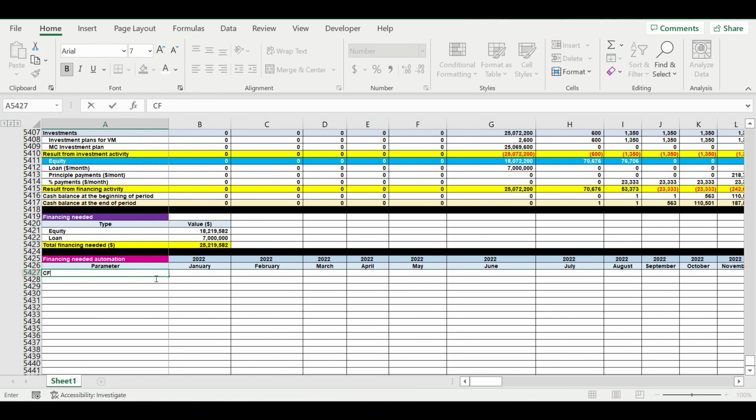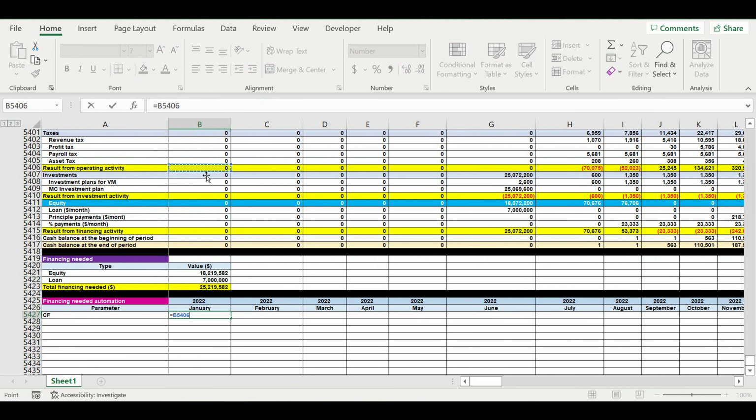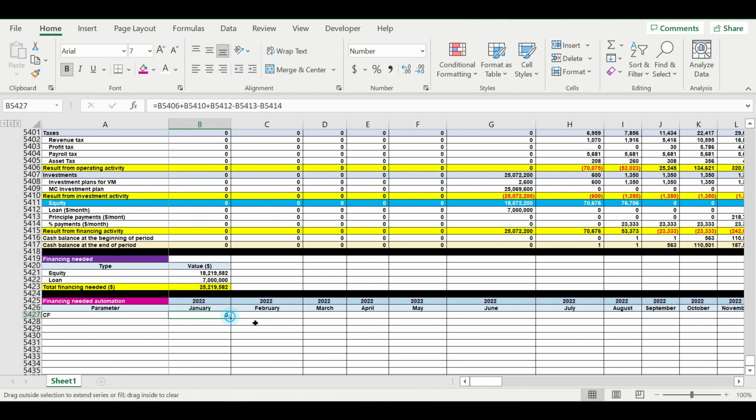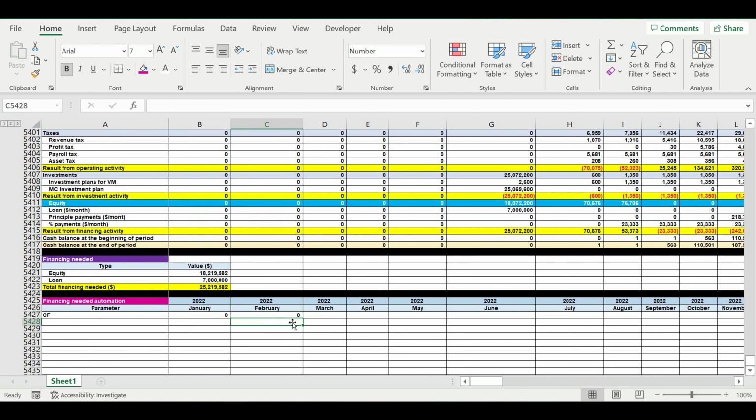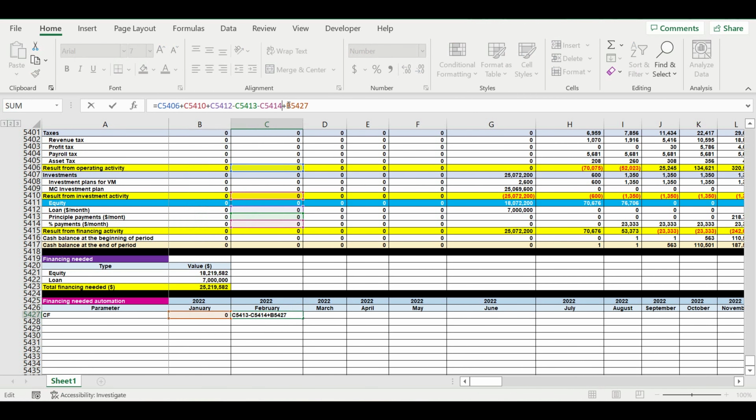Plus from investment activity plus loan minus principal payments minus interest payments. Then I will create a cumulative formula for that. I'm taking this value plus this minus this minus this value, okay.